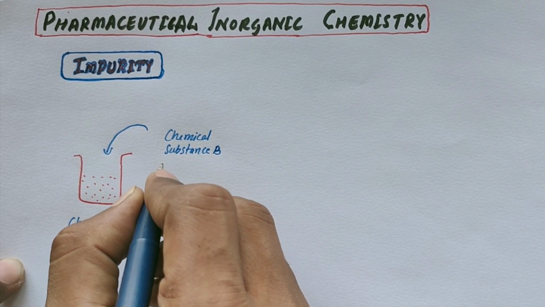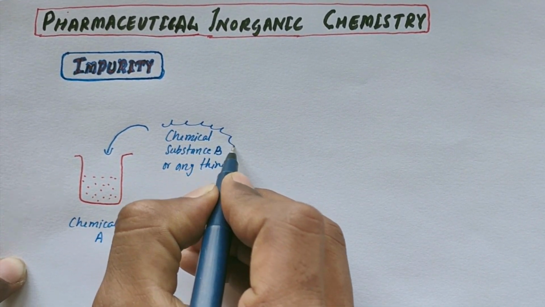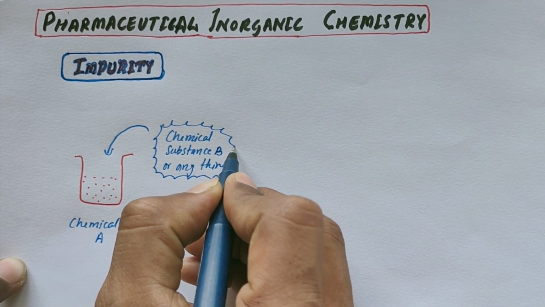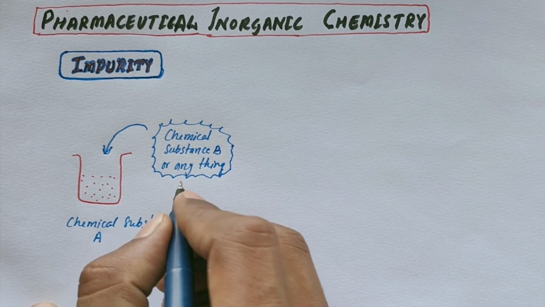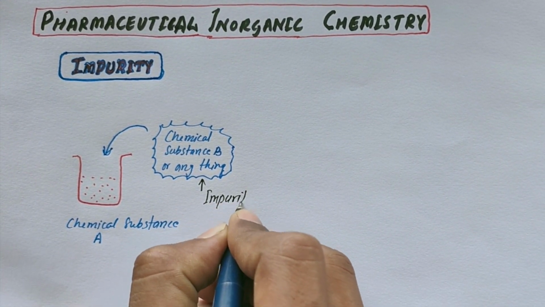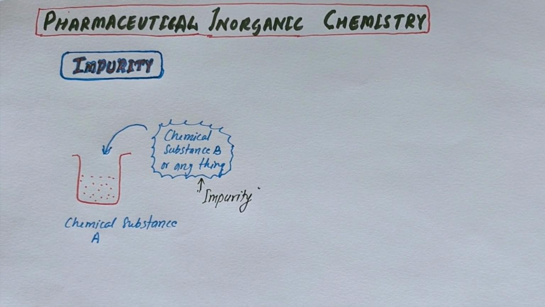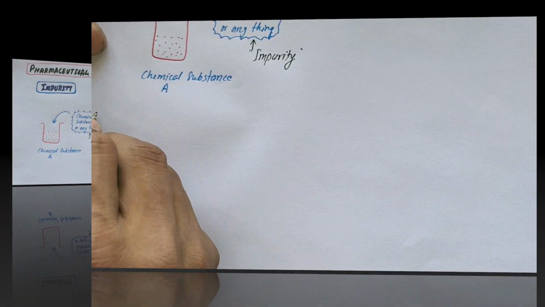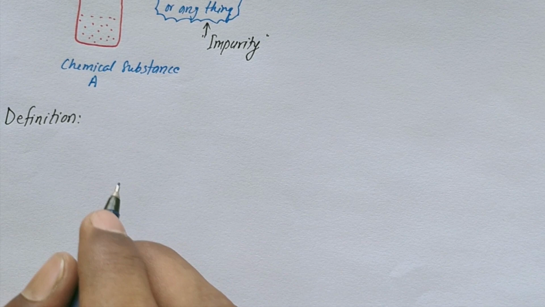Let it be anything which is mixed with chemical substance A. So this chemical substance B will act as impurity for chemical substance A. It means chemical substance B is impurity for chemical substance A. Understood?